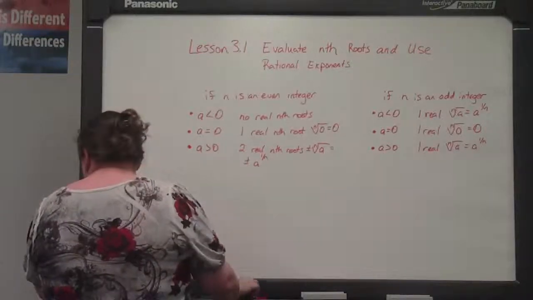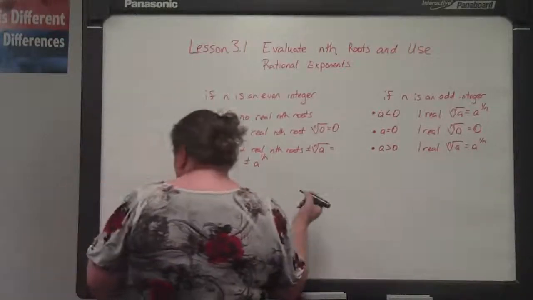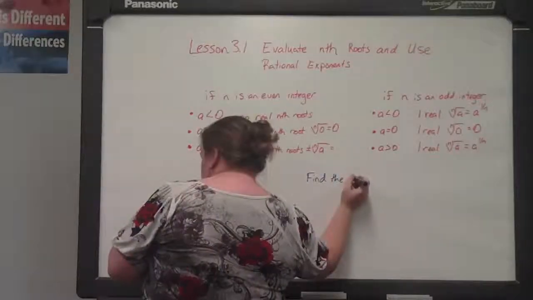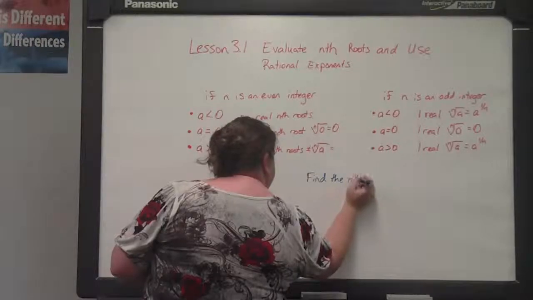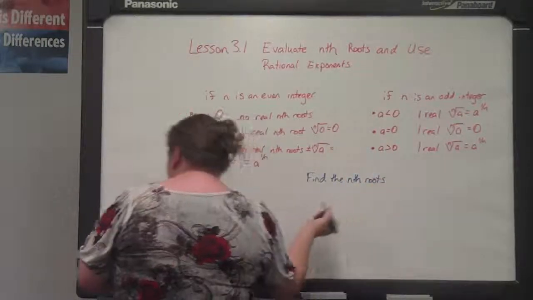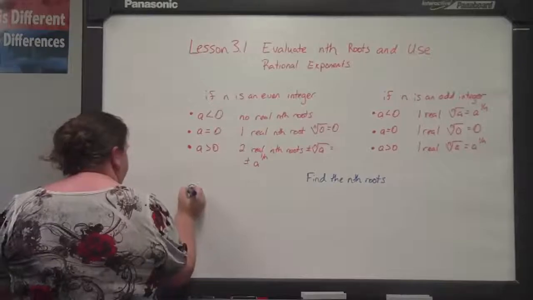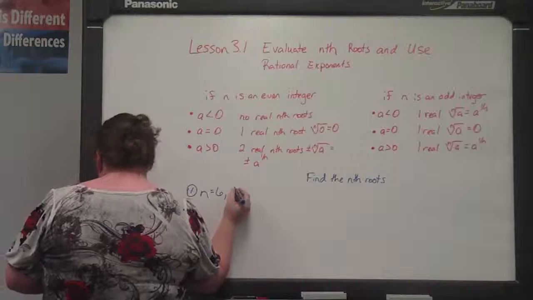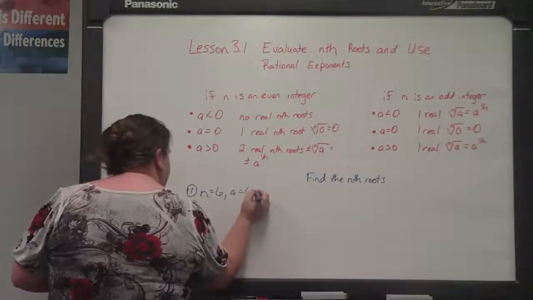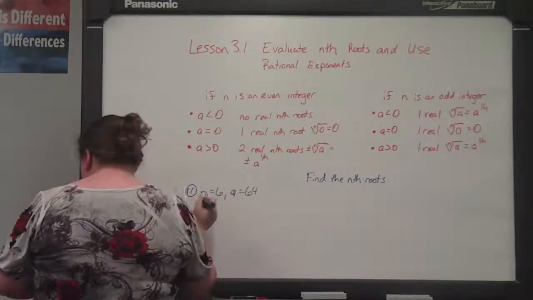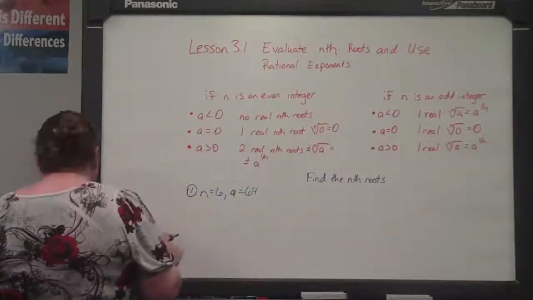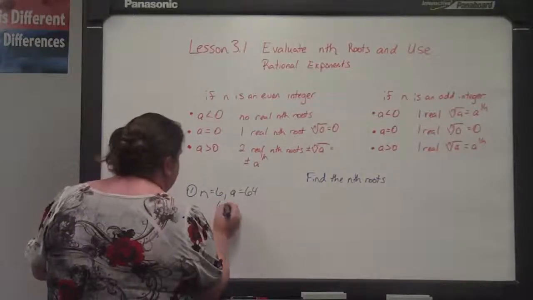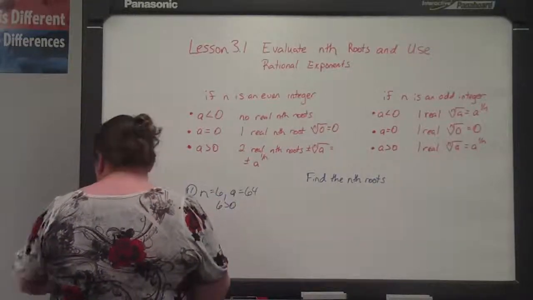Now, we are going to look at a couple. We're going to find the nth roots. So the first one I want to do, it gives me n equals 6, and it gives me a equals 64. So what I'm going to do is notice first that my n is even and a is greater than 0.